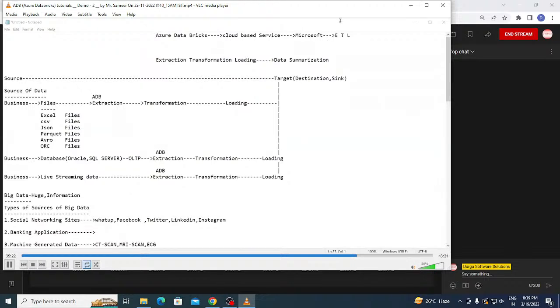To learn Databricks, do we need any predefined technical background? What are the prerequisites to learn Azure Databricks? If you know Python, or R, or SQL, that is very good.